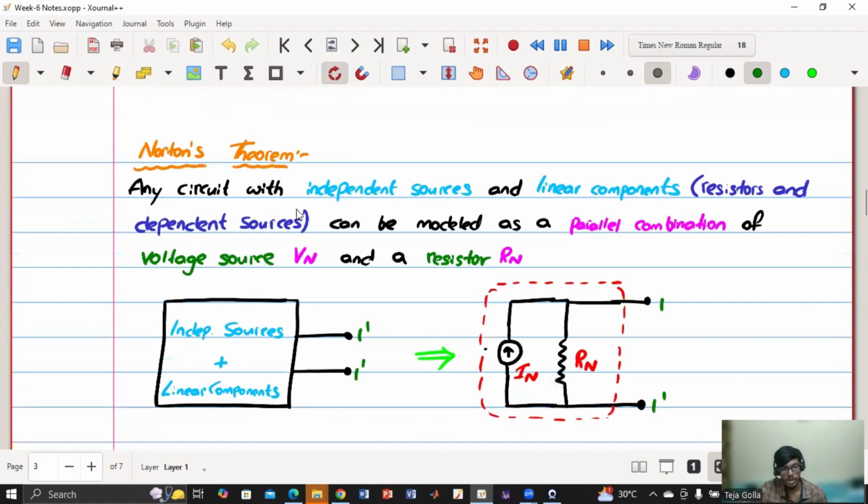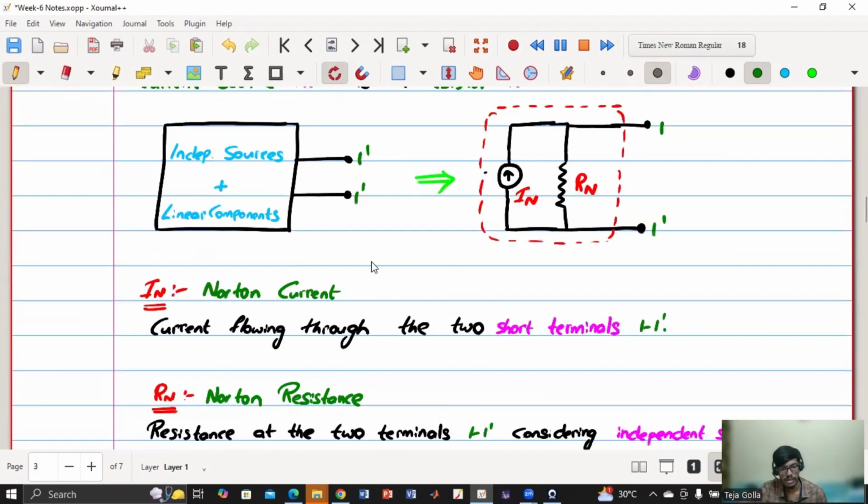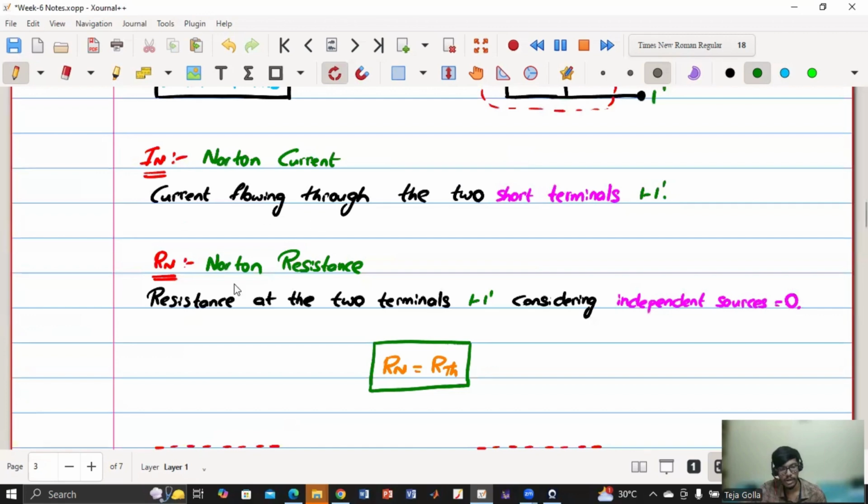Now, when we go to Norton's theorem, we have seen that any circuit can be modeled as a parallel combination of one current source, again, there is a mistake here, so this is a current source and a resistor Rn in parallel. And then we have seen how to calculate Norton current and Norton resistance.